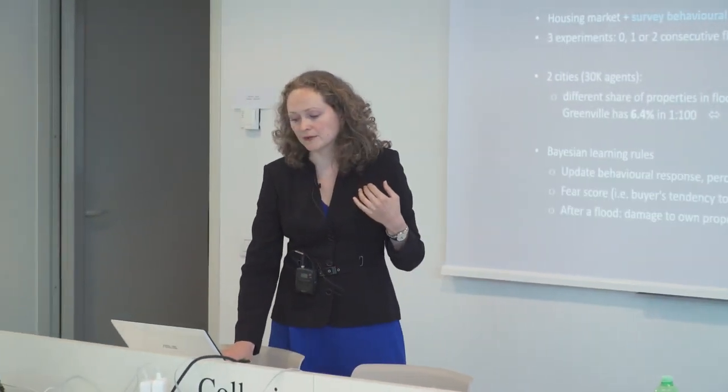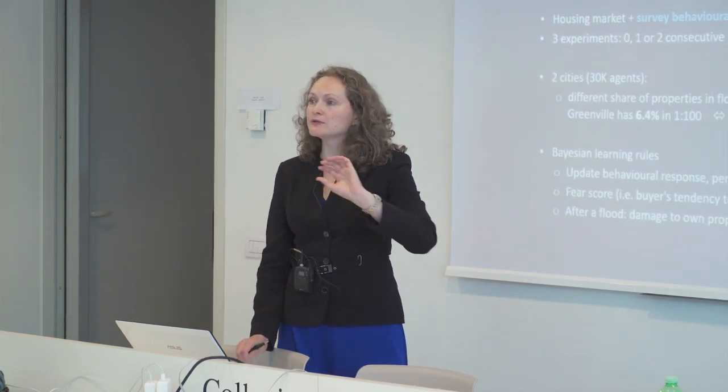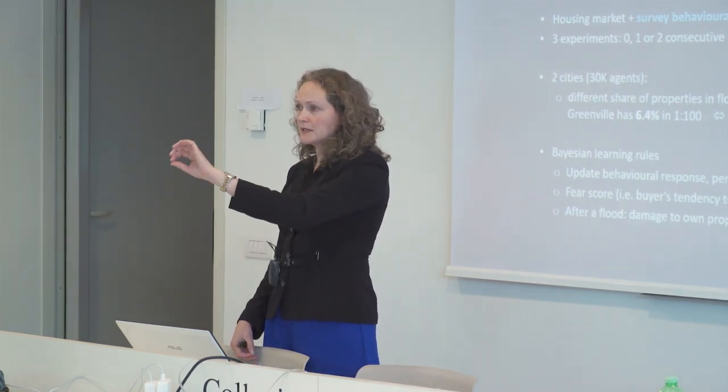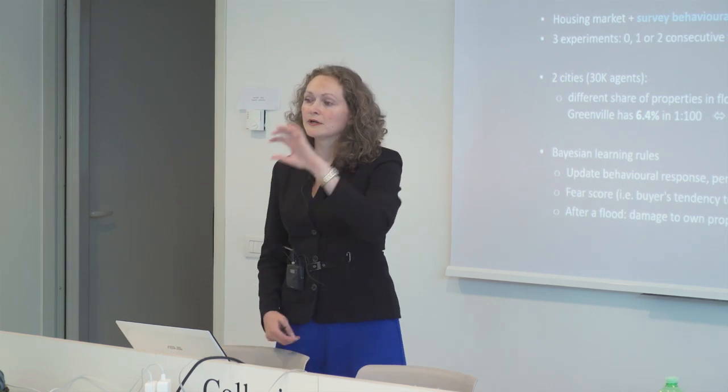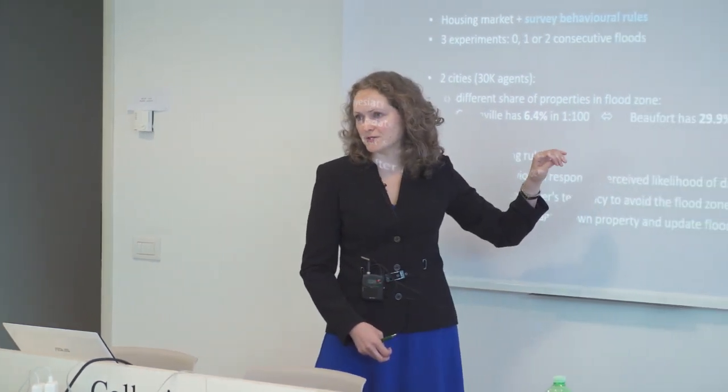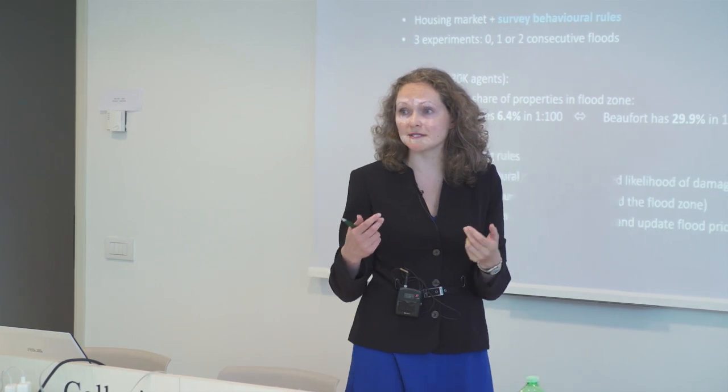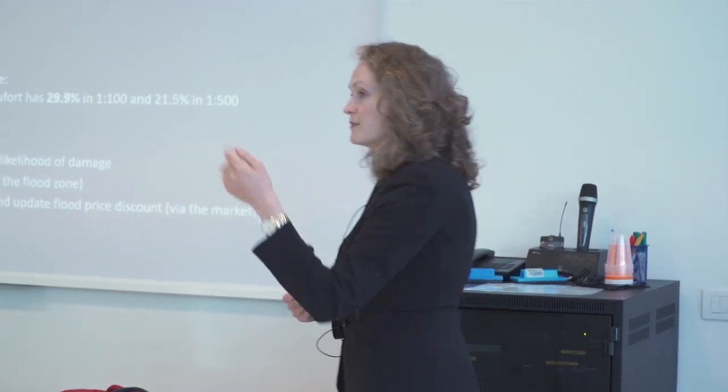And we used this Bayesian statistics estimated from the data to guide the learning of the agents in this market. So they would understand if there was an event happening, and they would update, and they might switch to a different heuristic as well, depending on the ones available in the survey data.